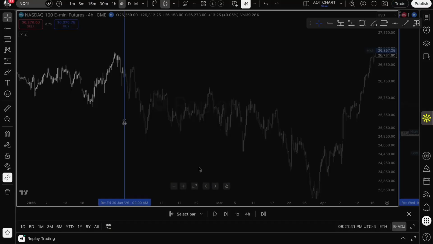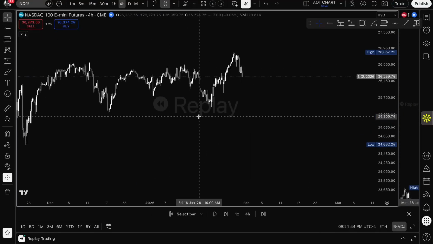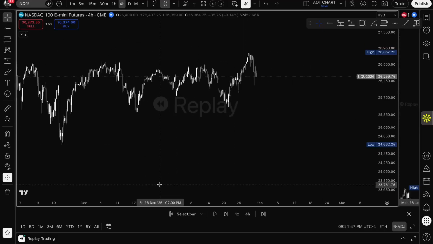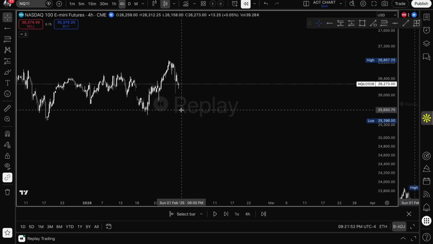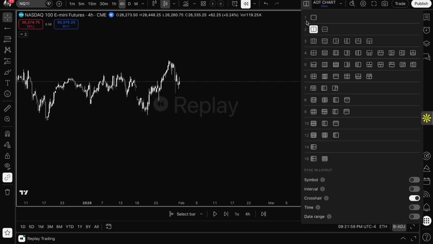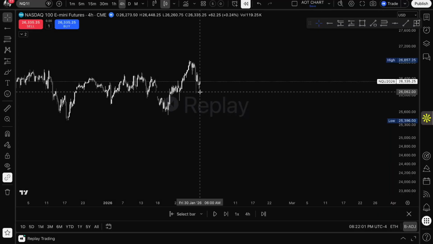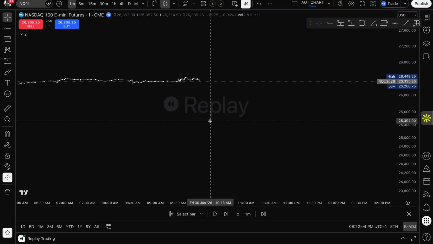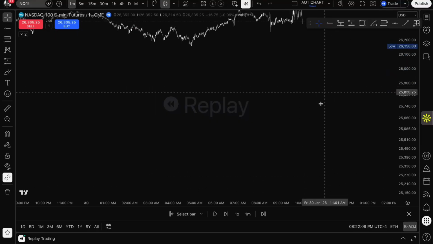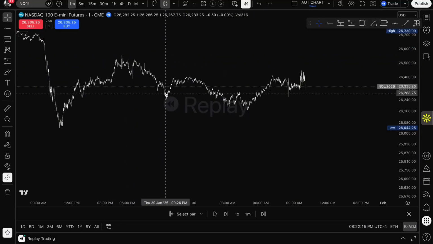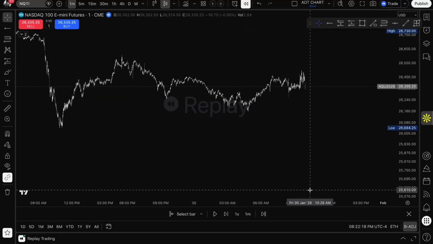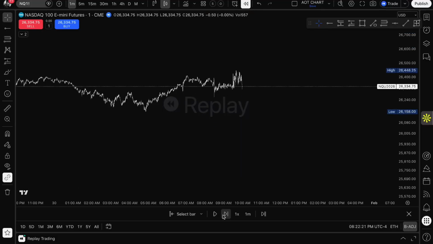It's lagging. All right. Okay. Hold on. All right, so we're making lower lows. We go down, lower, lower, pulling back a little bit. All right, cool.